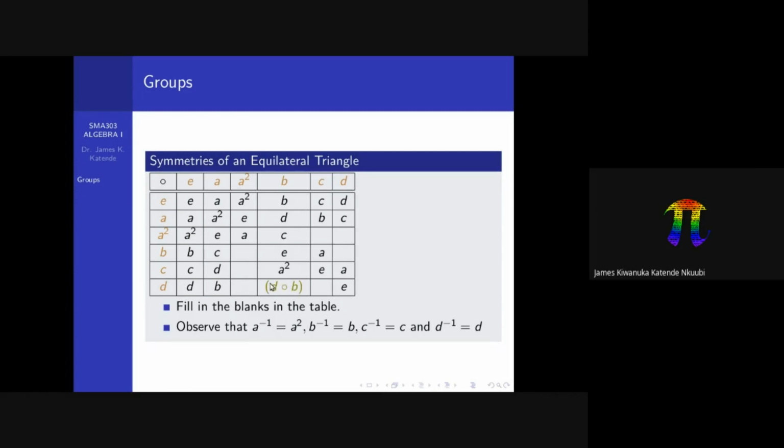Any entry in this will mean the composition of what is in the first column and what is in the first row. So for instance, what will go here will be the composition of C and A squared. So here you will have C of A squared.